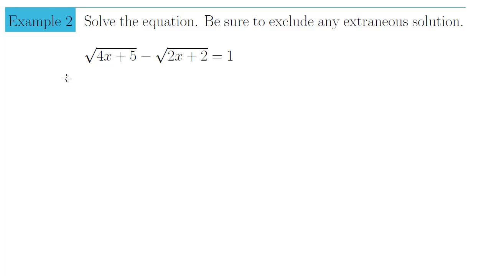All right, so step 1 is always to isolate one of the square roots. So I'm going to choose to isolate square root of 4x plus 5, which means I have to bring this other quantity to the other side. So I'm going to add root 2x plus 2 to both sides.